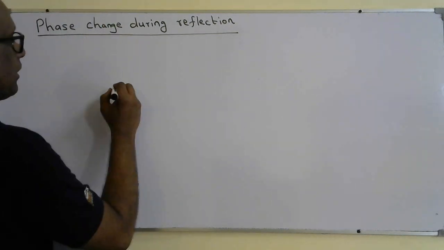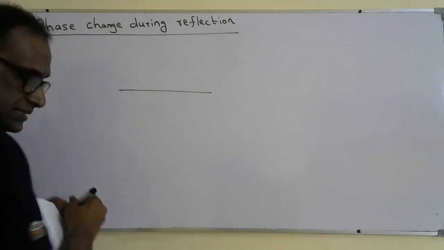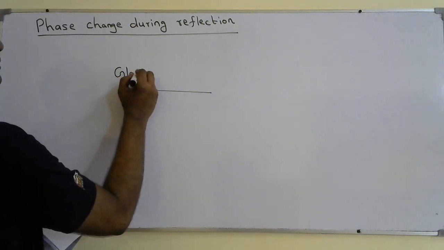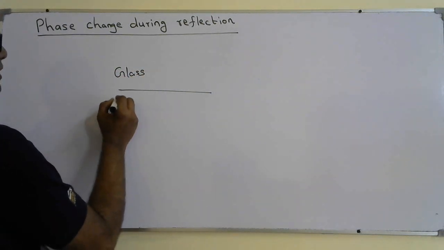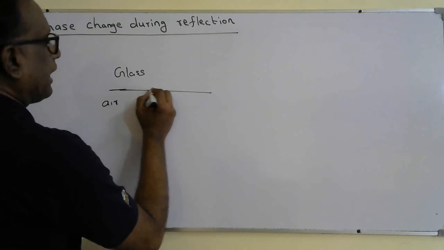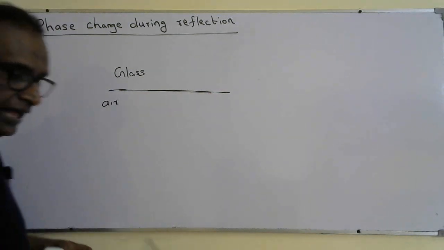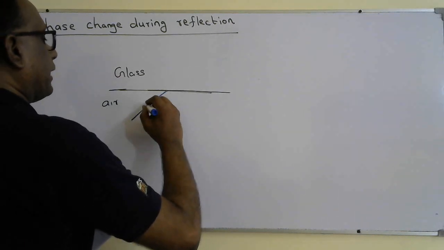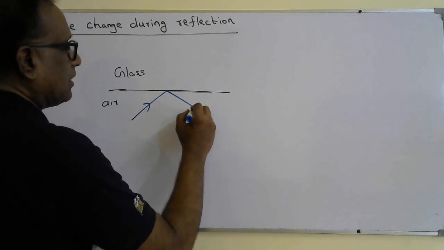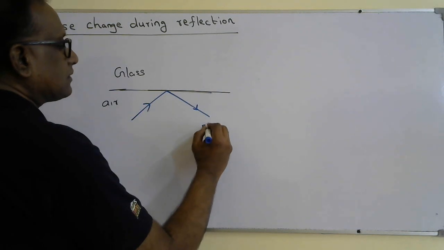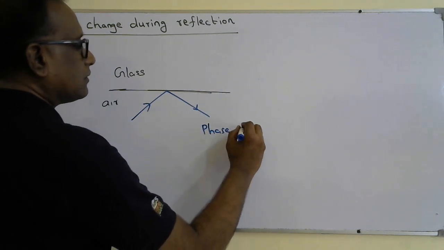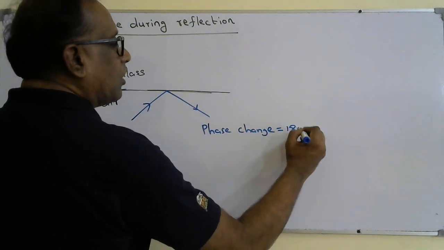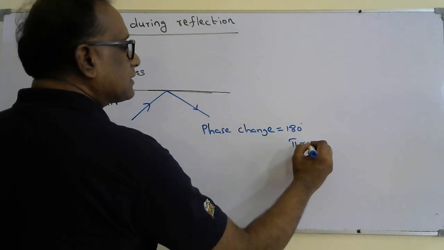So this is the boundary. This is glass. This is air. So if the light reflects from the air-glass boundary, then there will be a phase change of 180 degrees or pi radians.